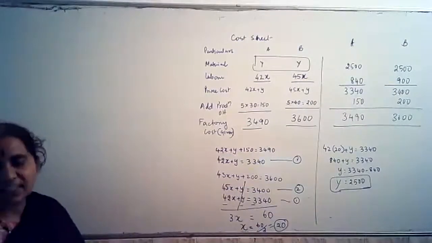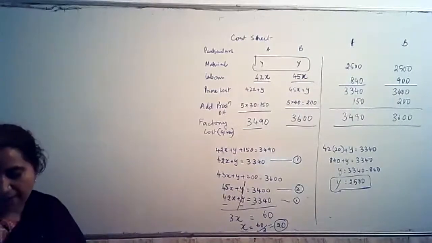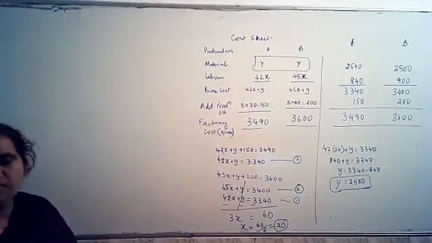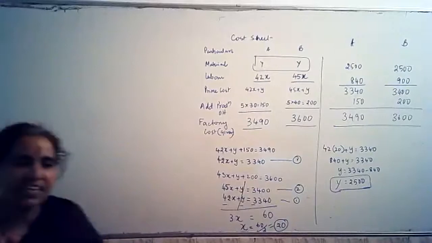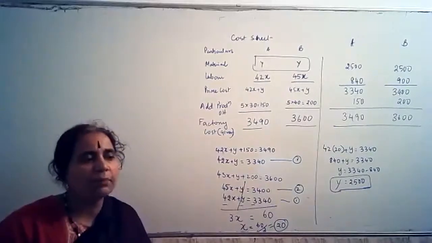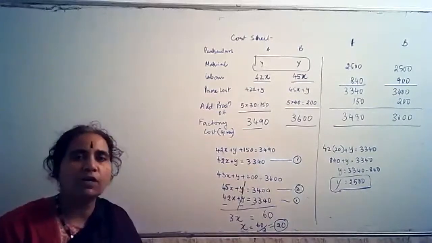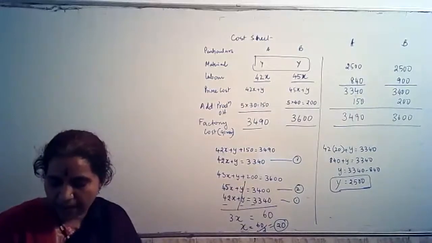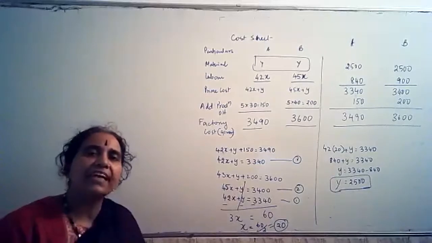Product Y takes 30 seconds and it requires a relaxation allowance of only 50%. So 50% of 30 seconds is only 15 seconds. So to manufacture one product Y, 45 seconds is enough. But whereas X will take 48 seconds.